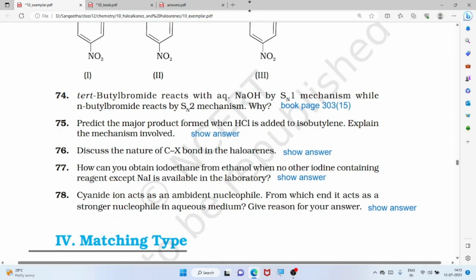Tert-butyl bromide reacts with aqueous NaOH by the SN1 mechanism, while n-butyl bromide reacts by the SN2 mechanism. Why? Question 15.